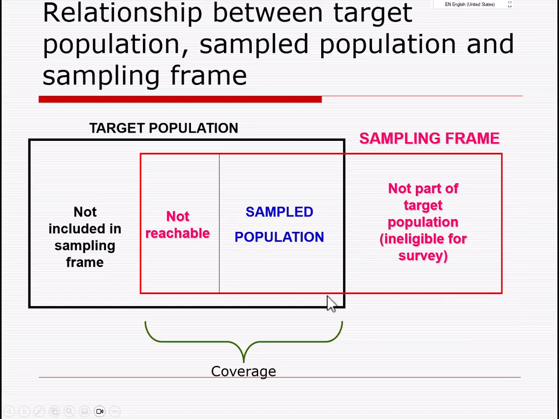A good sampling frame will cover the target population as well as possible, and have as few not reachables as possible, and as few ineligibles.